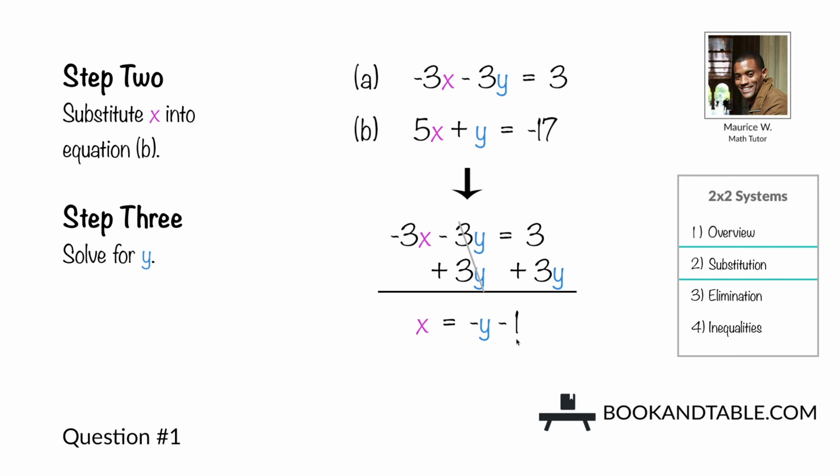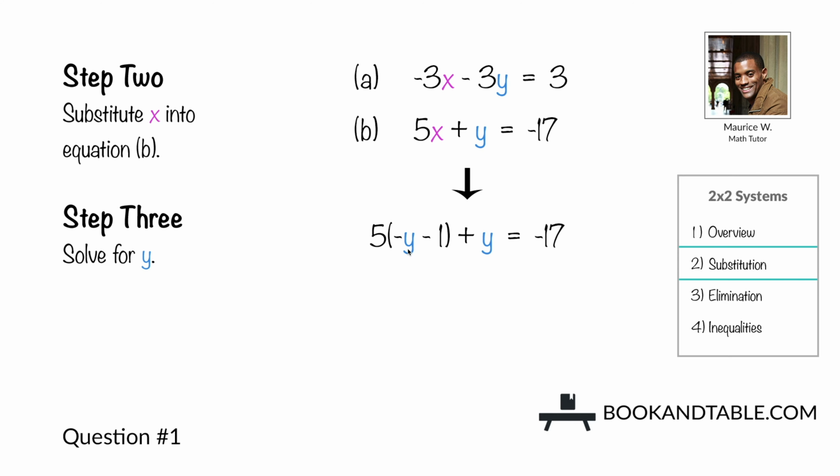And now we can take this expression and substitute x into equation B here. So we get 5 times negative y minus 1 plus y is equal to negative 17.